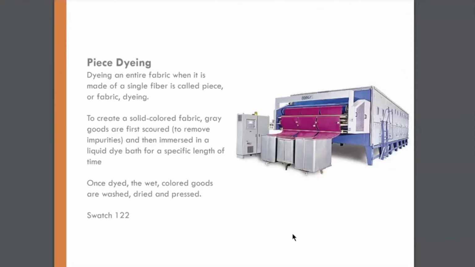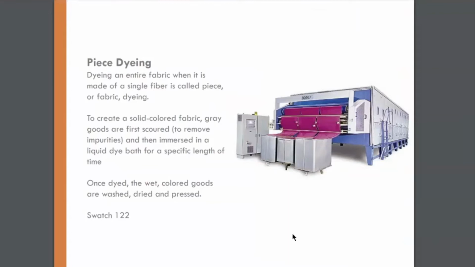So swatch number 122 in your textbook. With this piece dyeing, you have to use a single fiber. So just take a moment and think about that. It needs to be a single fiber, meaning all cotton, all linen, all wool, so that when it's piece dyed as a textile, you have a solid color.